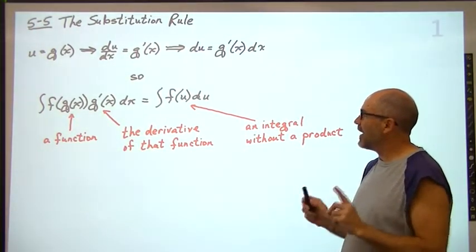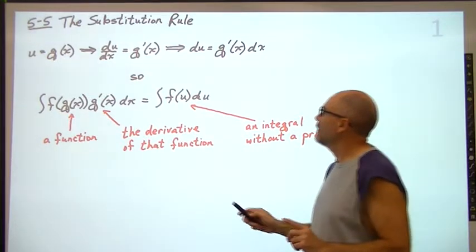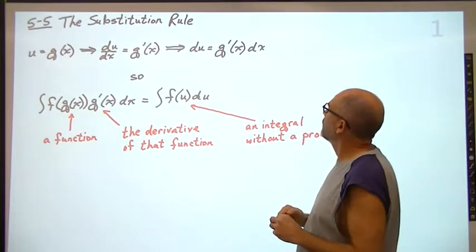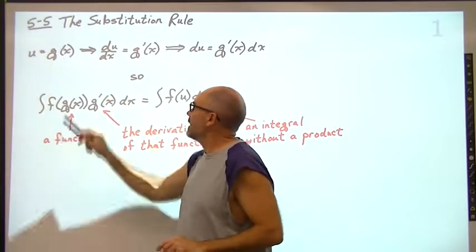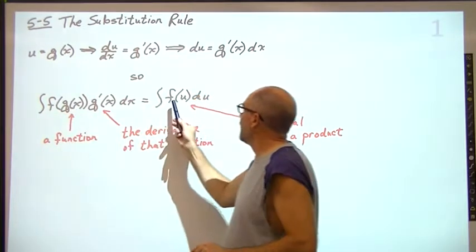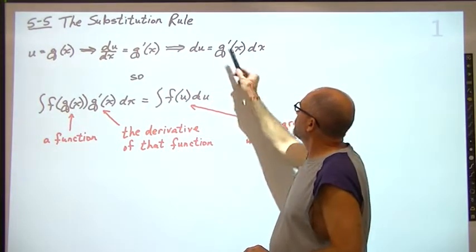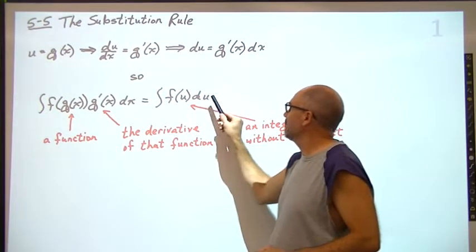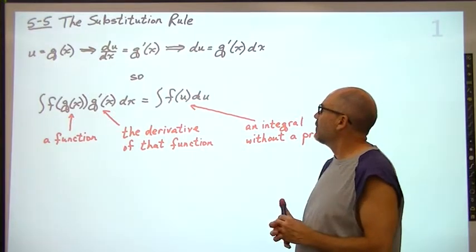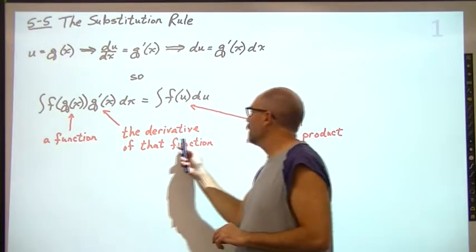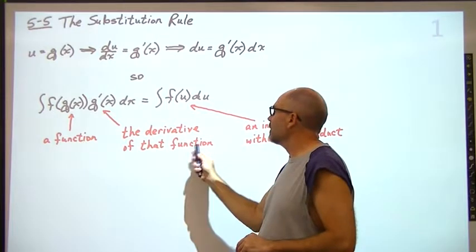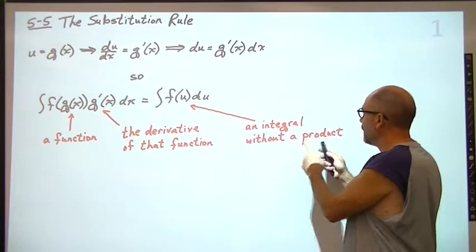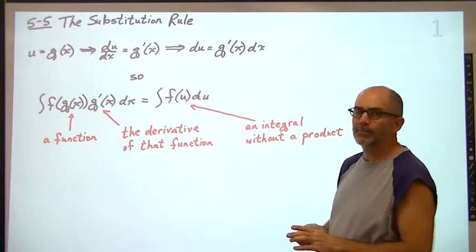When you see that combination, you can say this equals the integral of f of u du. Because if u is g of x, then f of g of x is f of u. And du is g prime of x dx. So we've got the integral of a function times the derivative of that function, and we get an integral without a product that we can perform.